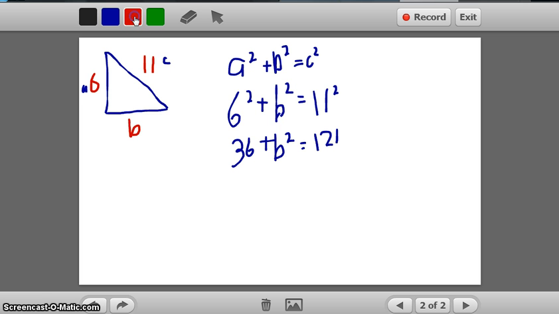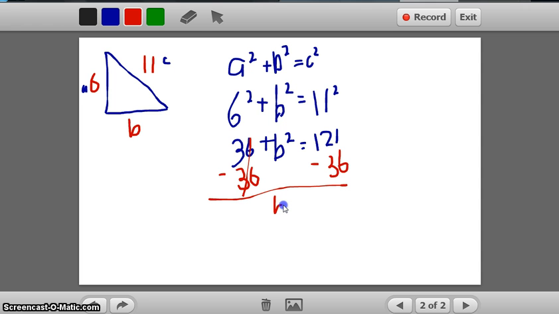Now I'm just solving for B, and you remember from 7th grade to solve a one-step equation, you do the inverse operation. This 36 is positive, so to get rid of it, I will need to subtract 36 from both sides. This cancels.